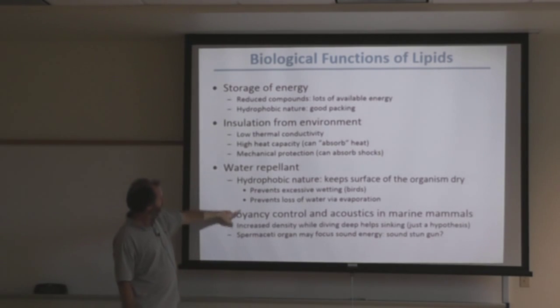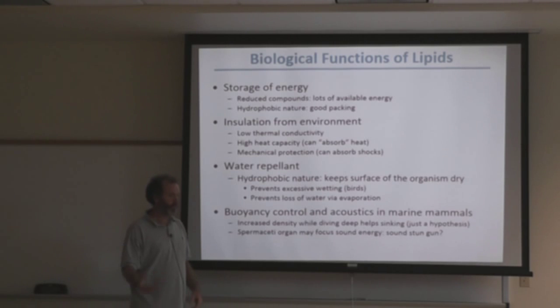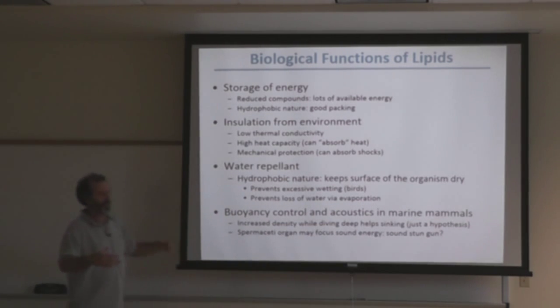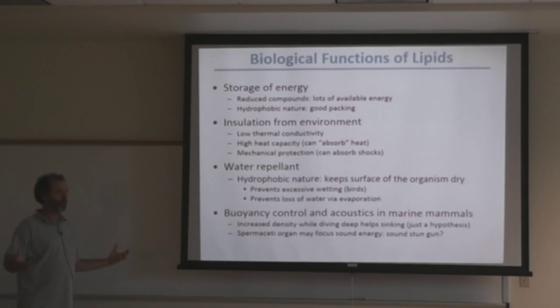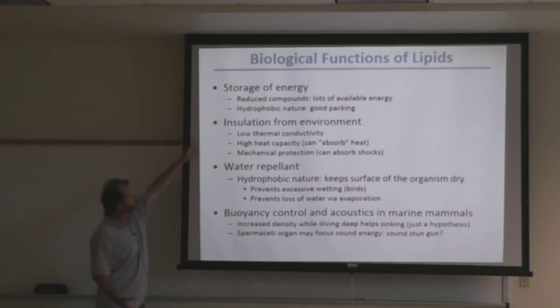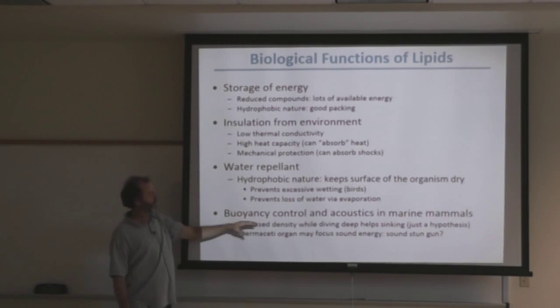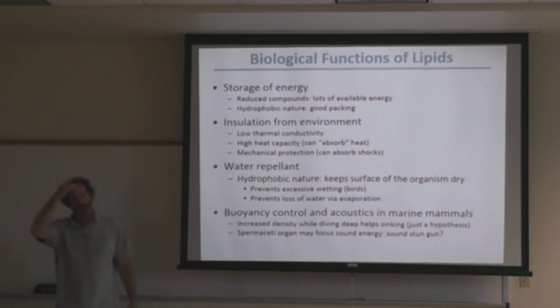And then buoyancy. Marine mammals often have a lot of fat because it makes them buoyant. Lipids are less dense than water, so lipids will float on the water. So if you have a lot of fat, that'll make you more buoyant.